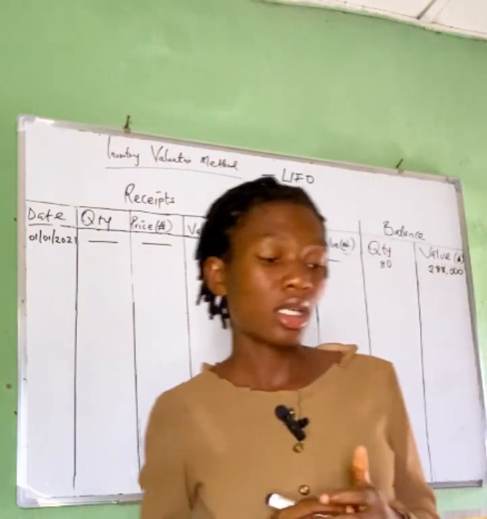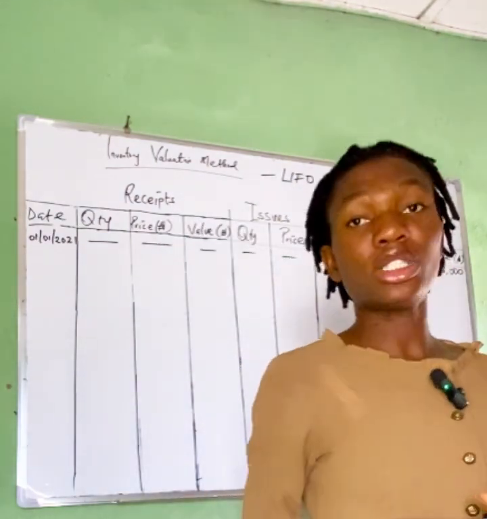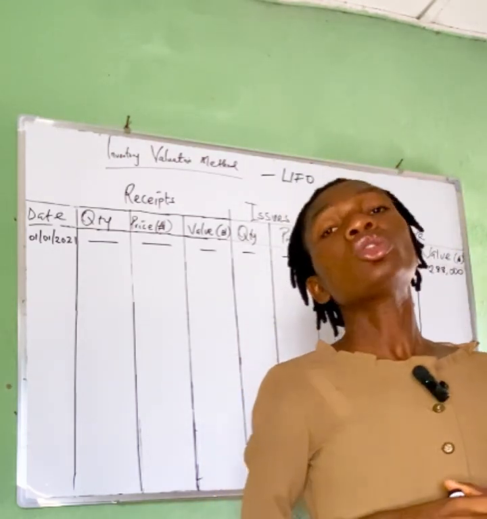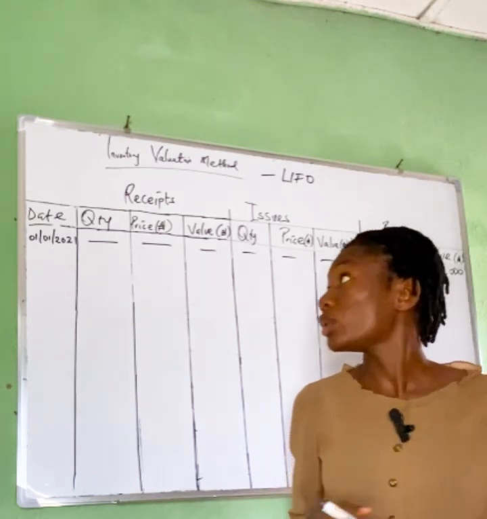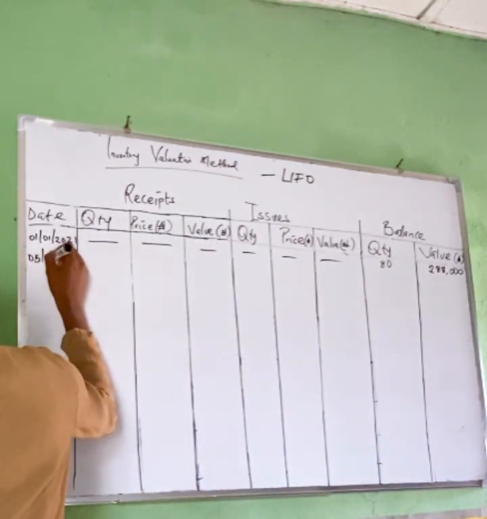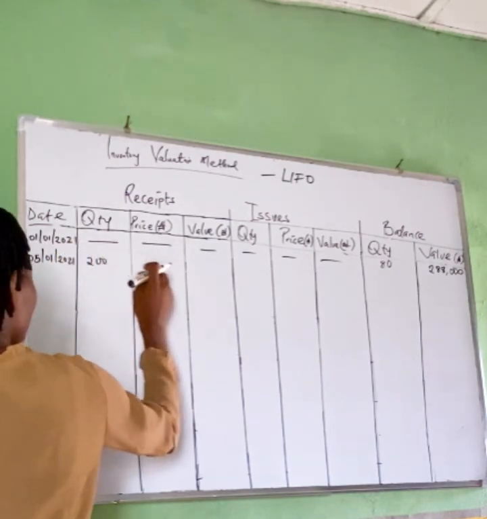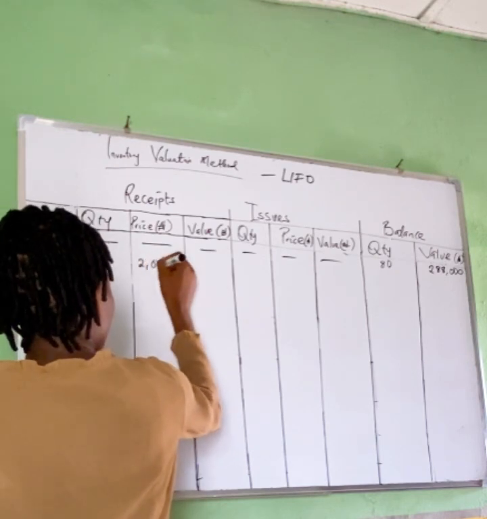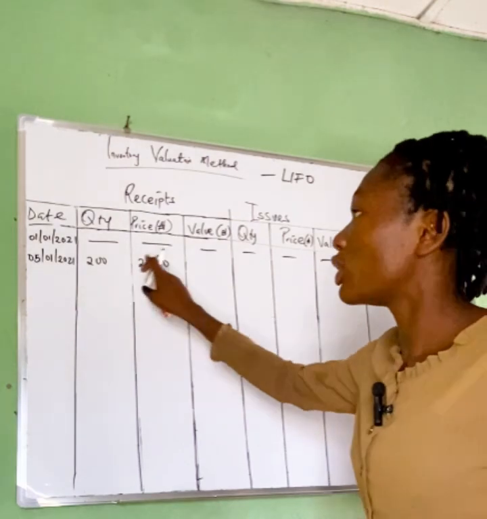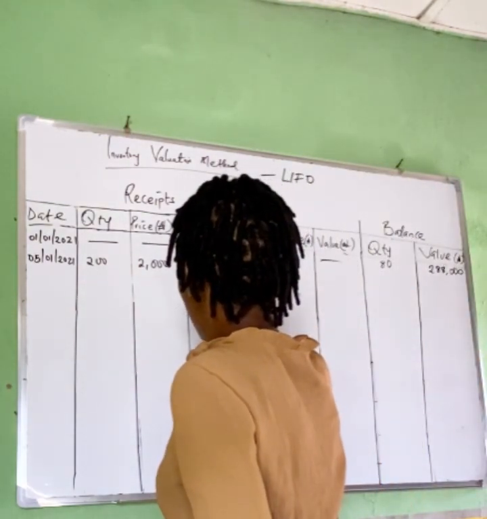Now let's look at the activities that took place in the year. On the 5th of January, we purchased 200 bundles of nets at 2,000 naira each. The quantity is 200 and the price per unit is 2,000 naira, and we multiply to get the value, which gives us 400,000 naira.